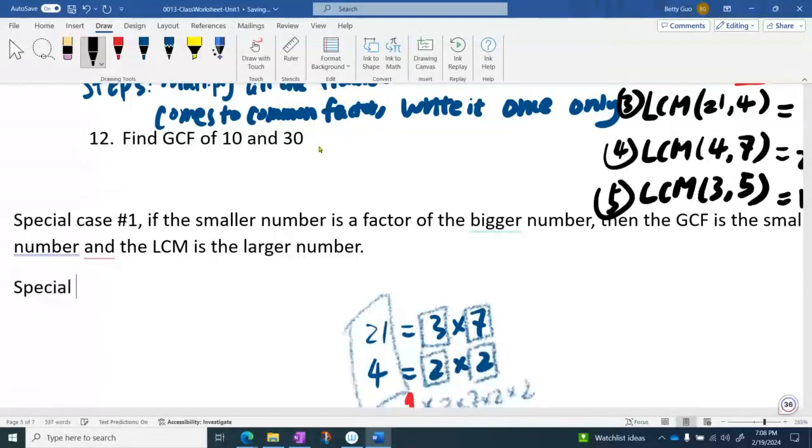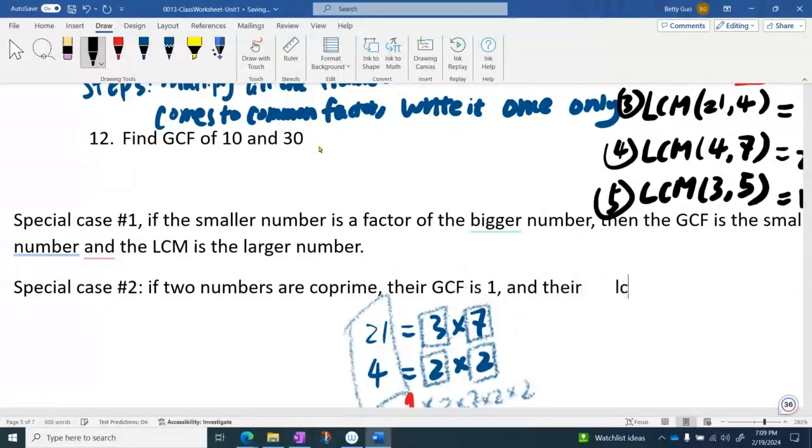Special case number 2. If two numbers are coprime, their GCF is 1, and their LCM is their product.